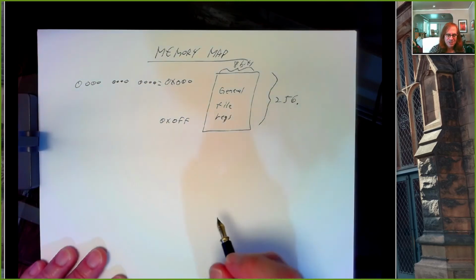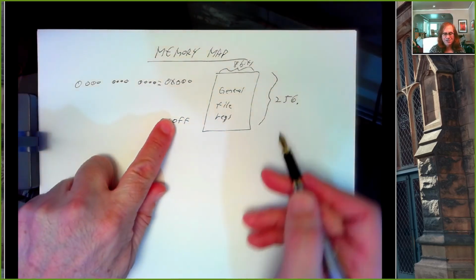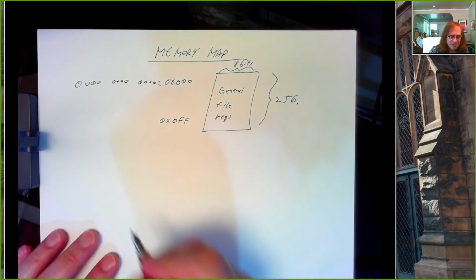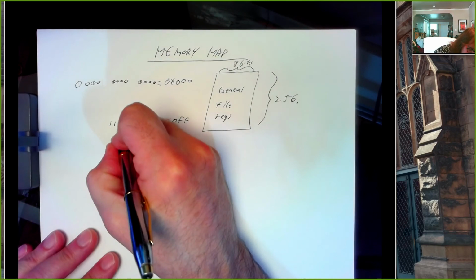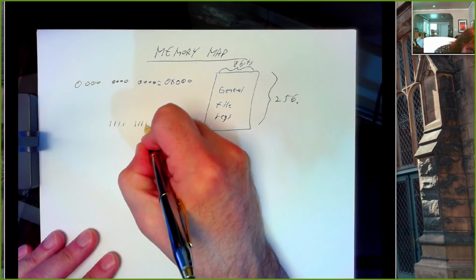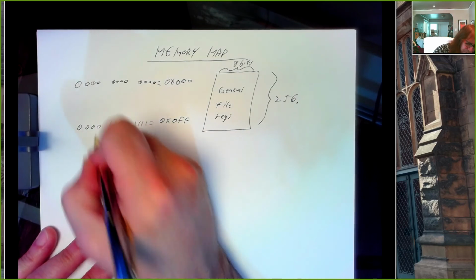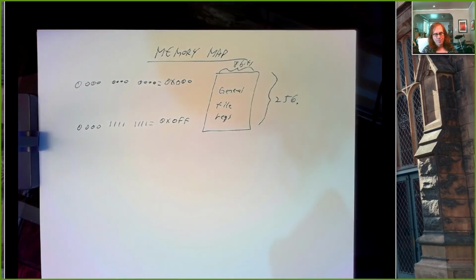For the general purpose registers, it's just 0FF. There's still only 256 of these. We've been saying this is the highest file register address, I'm just padding some zeros on the left. I'm going to change that in a second. All right, so these are general file registers.